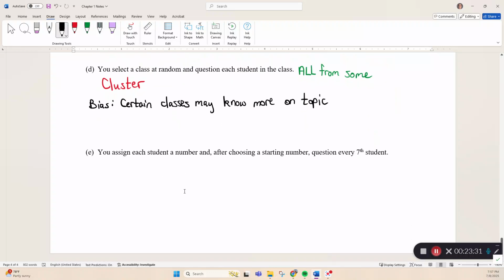Okay. And then the last one. You assign each student a number, and after choosing a starting number, you question every 7th student. That hint right there tells us that this is systematic.